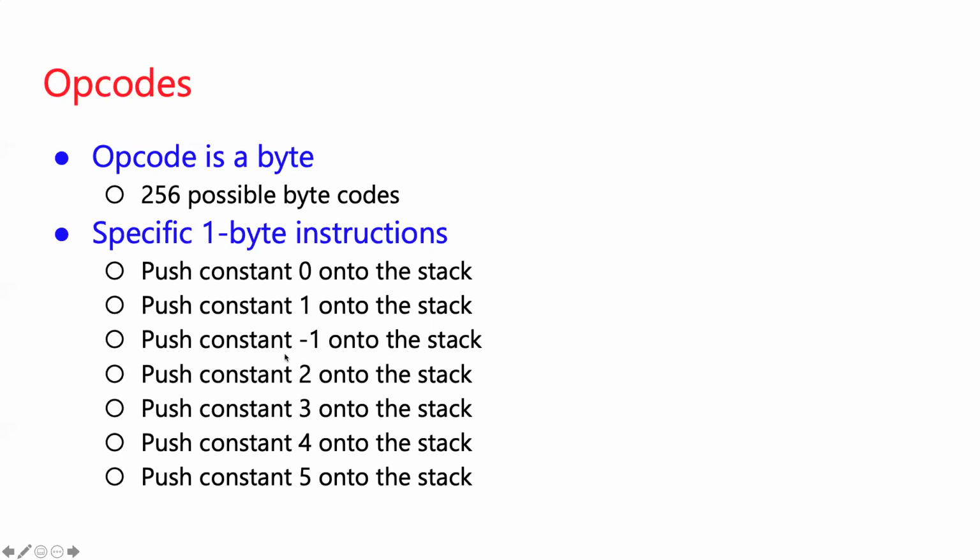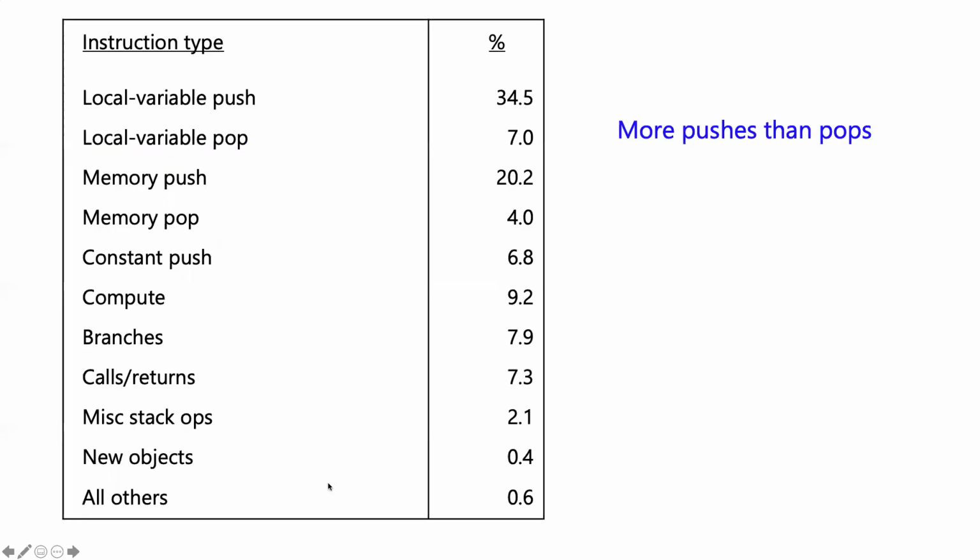There's no meaningful operation to get something on the stack and store it as a -1. So for pushing constant values on the stack, constant numeric values or other types of constants, we would have a lot of push operations without corresponding pops.